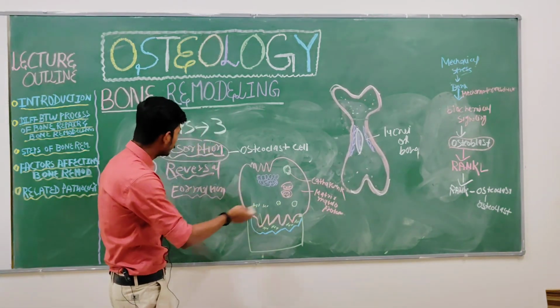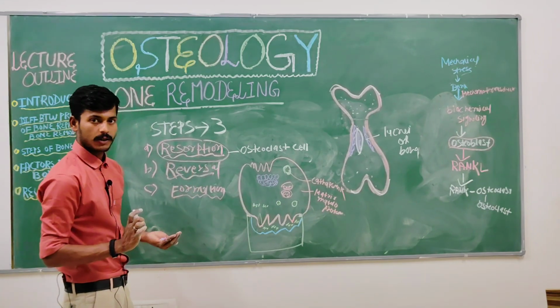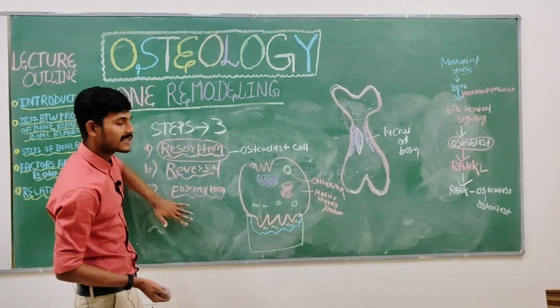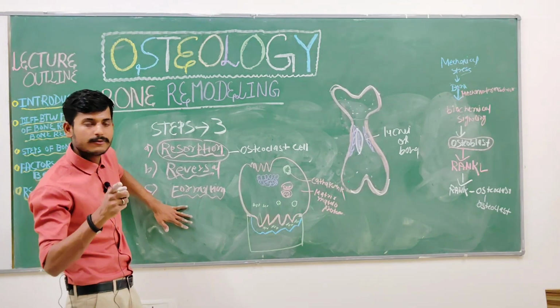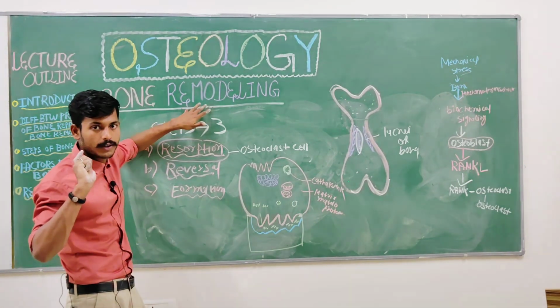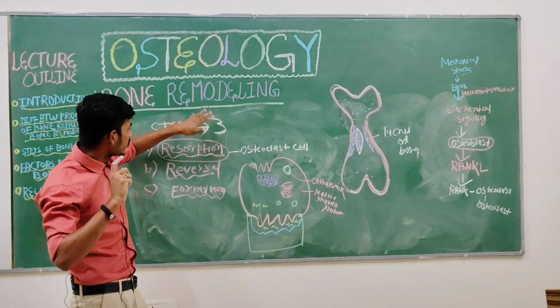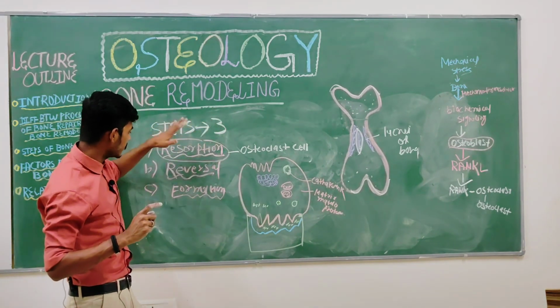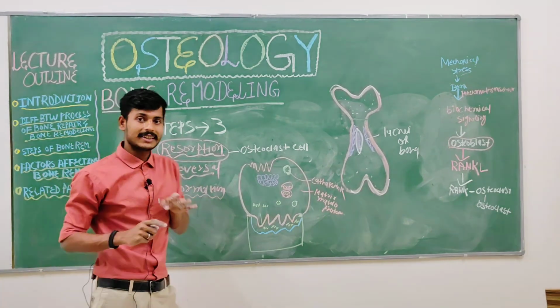Now, understand the bone reabsorption steps. Let me summarize it once again. We are discussing the steps involved in bone remodeling, and we saw that bone remodeling occurs in 3 steps.